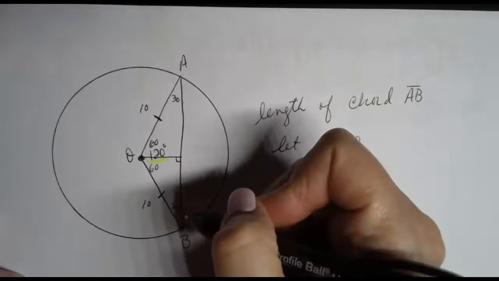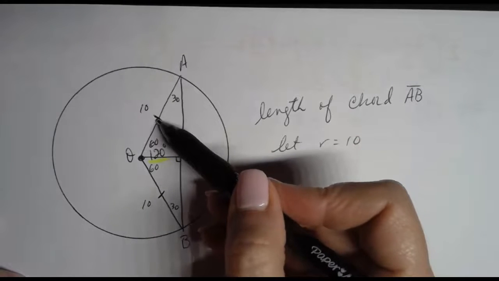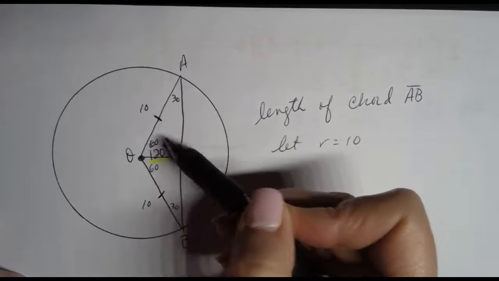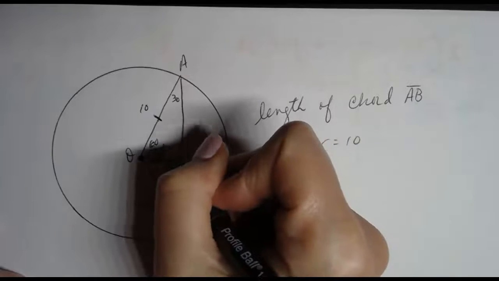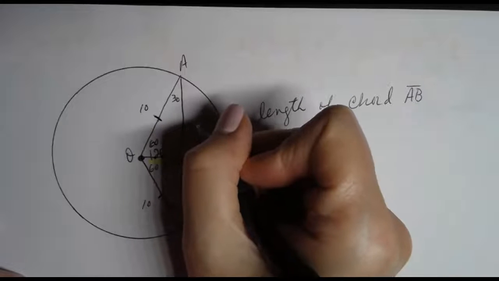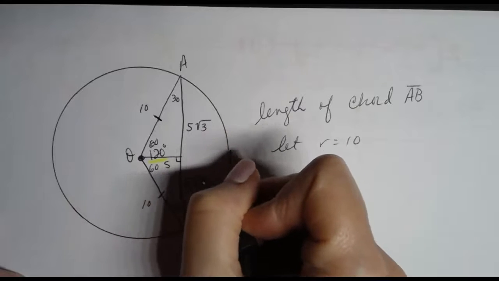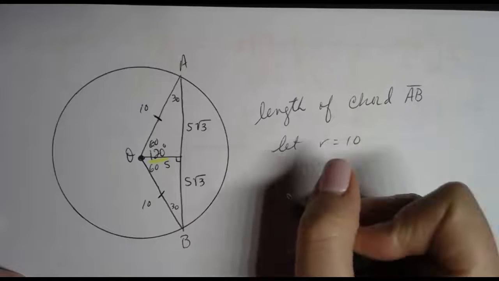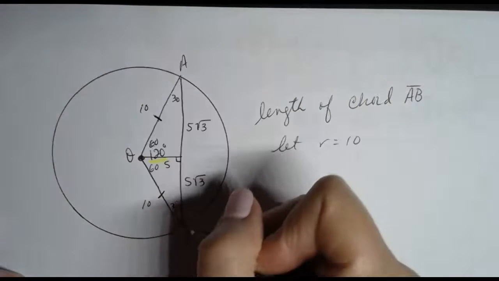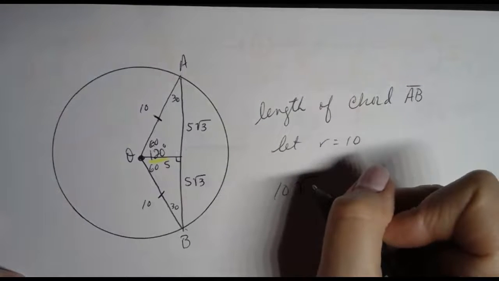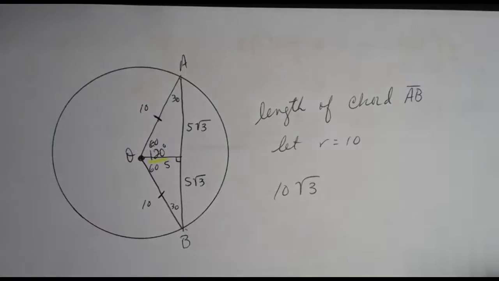Now, if I want to know the length of that chord, if the hypotenuse of my 30-60-90 is 10, my short side is 5, and my two longer legs are 5 root 3. So the length of the chord is 10 root 3.